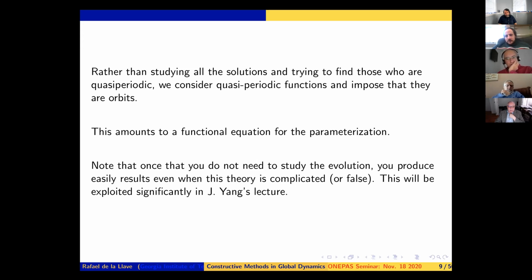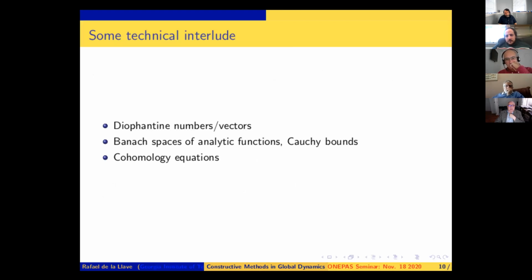And this makes sense even if you don't have any idea of what the dynamics is. If you're talking about ill-posed equations, people have been finding special solutions in ill-posed equations for a long time, like traveling waves, etc. And depending on how the ill-posed equations are derived, this may even make physical sense.